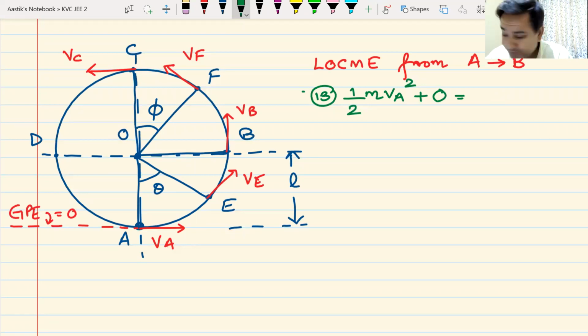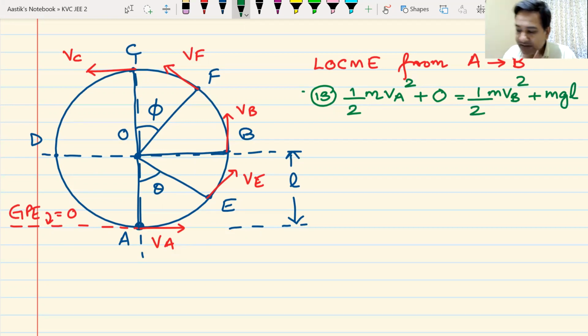It is half m VB squared plus the potential energy at point B, which is mgl. Do we all understand equation number 13?